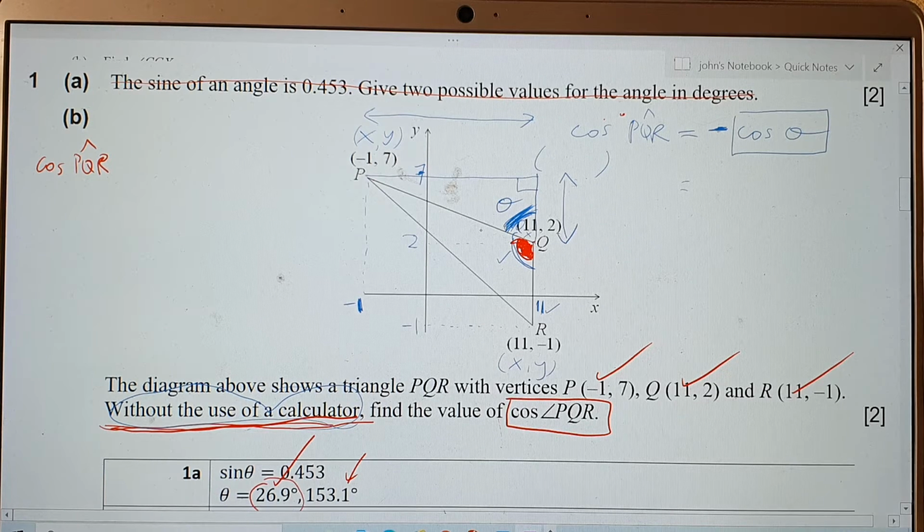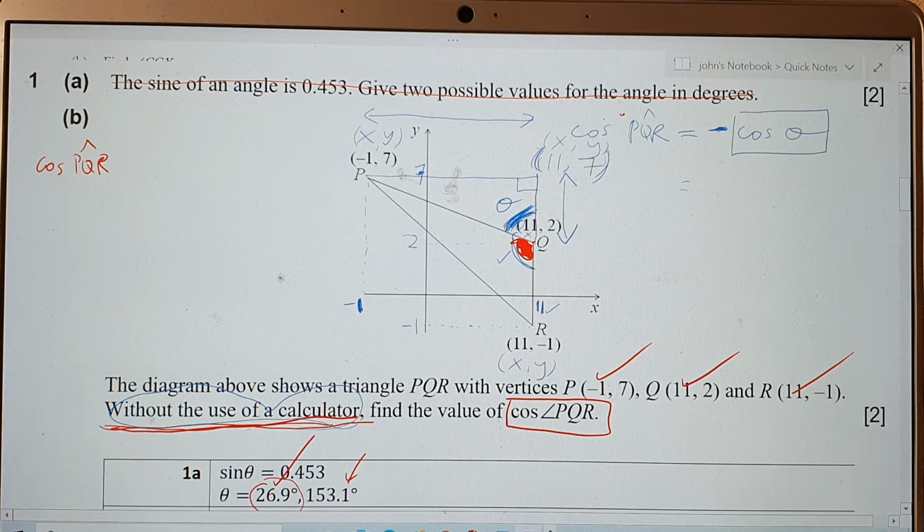So I label this point first. What do you think is the coordinates of this point? The first number is x, so it's 11. Y is 7.